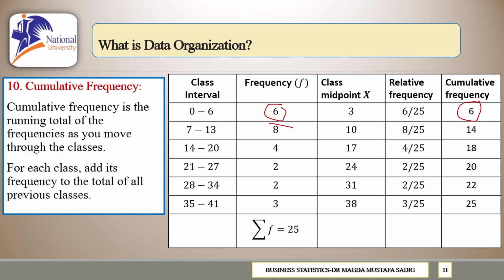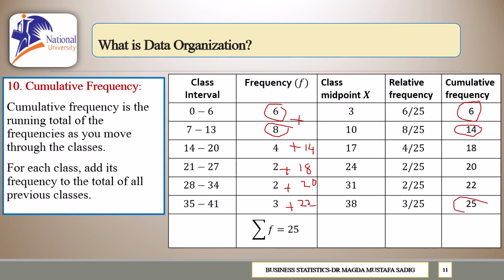The second frequency is 8. We add 6 and 8, so we end up with 14. Then 14 plus 4 is 18. Then 18 plus 2 is 20. Then 20 plus 2 is 22. Then 22 plus 3 is 25.